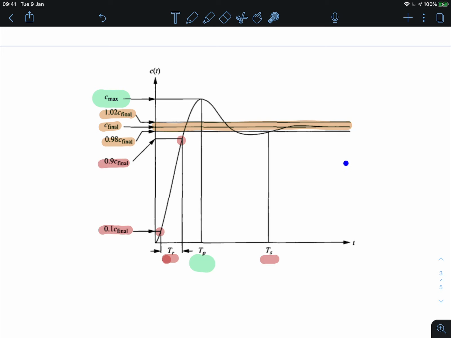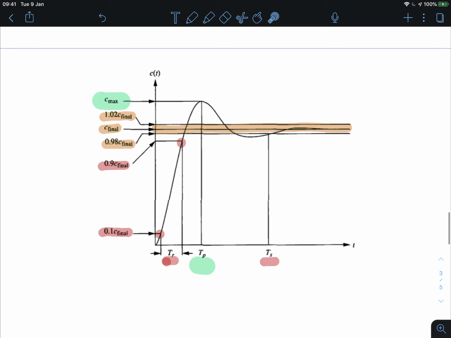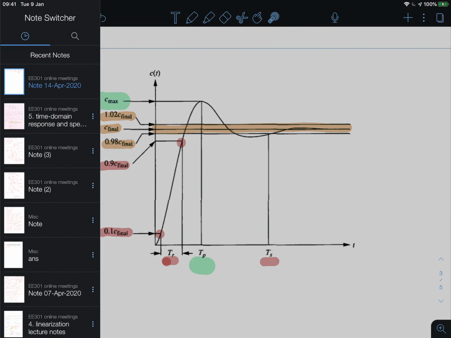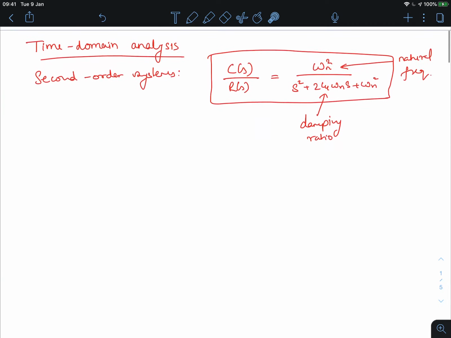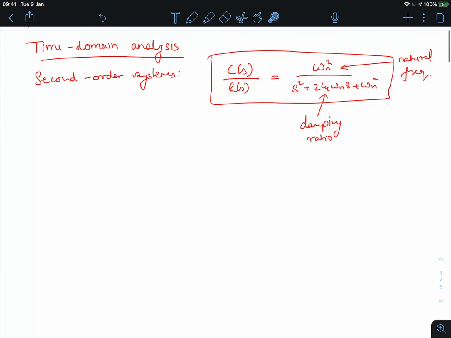Now we can see how, depending on the generic formula we used earlier, we can compute these responses. So this is the transfer function we had.